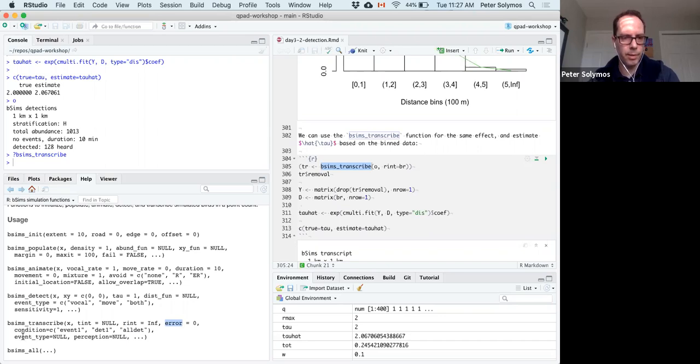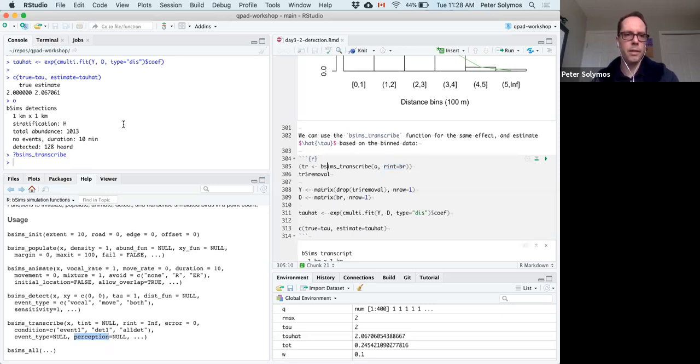Condition, again, we'll talk about it more. Event type, that is just going to inherit from the behavior layer. And perception, this is what we played with last time. This is the under versus over counting, how we perceive the distinct individuals. So let's just leave everything as the default, but specify the breakpoints for the distances.